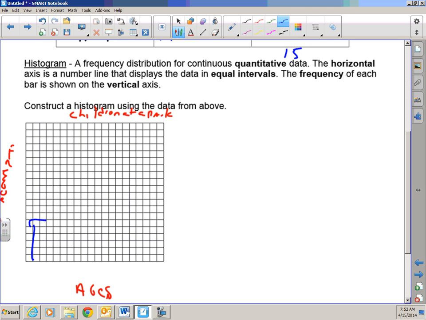And I made them 3 wide here. So that's 1 to 5.